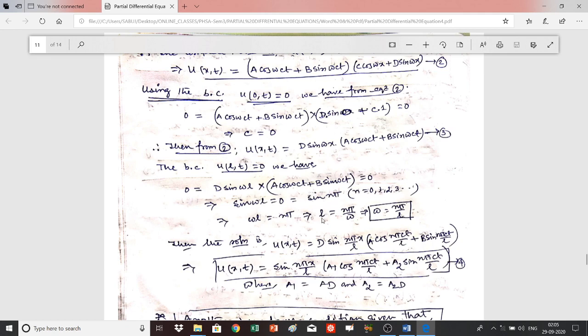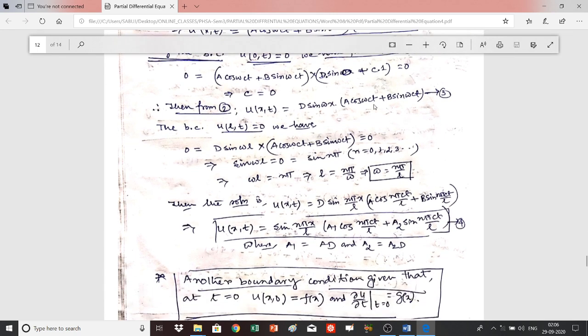From here you can calculate ω as nπ/L. Just substitute the value of ω in this expression, and that will give u(x,t) = D sin(nπx/L)(A cos(nπct/L) + B sin(nπct/L)). Finally we can write sin(nπx/L)(A1 cos(nπct/L) + A2 sin(nπct/L)), where A1 is AD and A2 is BD.